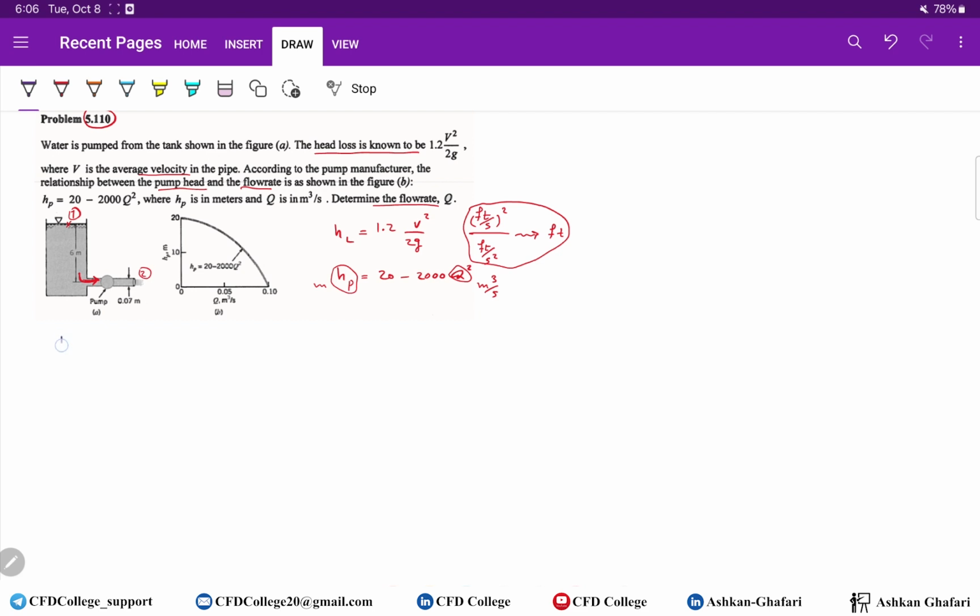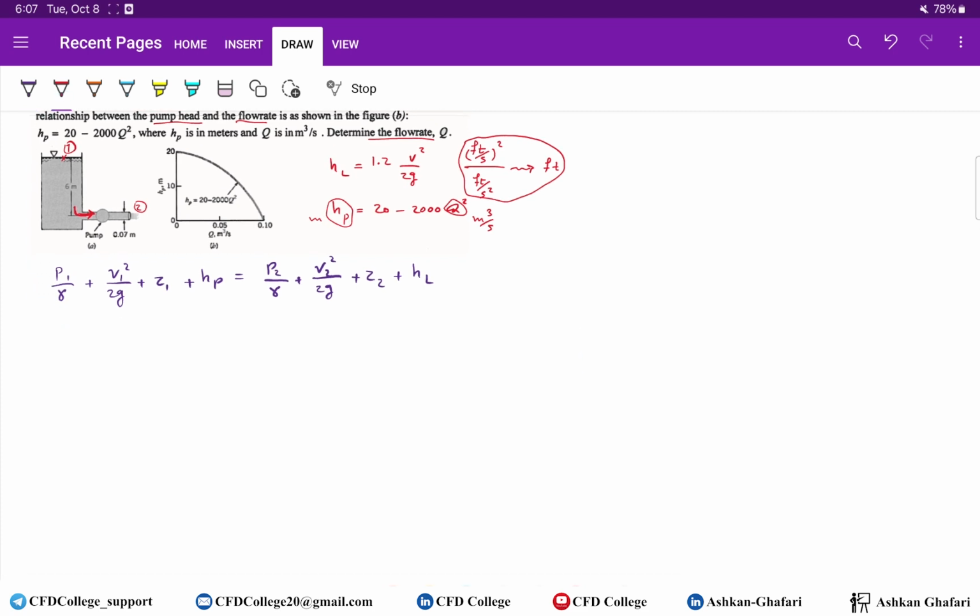Energy equation: P1 over gamma plus V1 square over 2G plus Z1 plus head of the pump equals P2 over gamma plus V2 square over 2G plus Z2 plus HL, head loss, and we don't have any turbine.